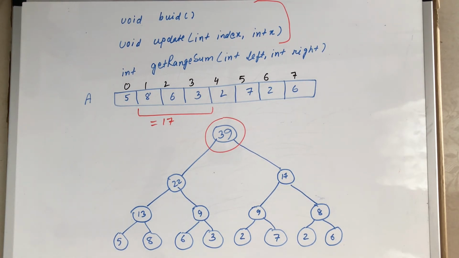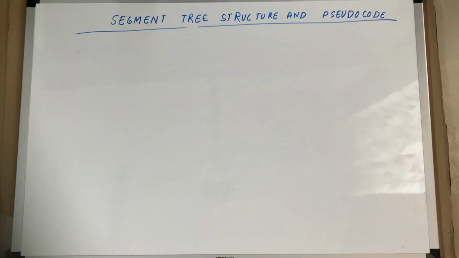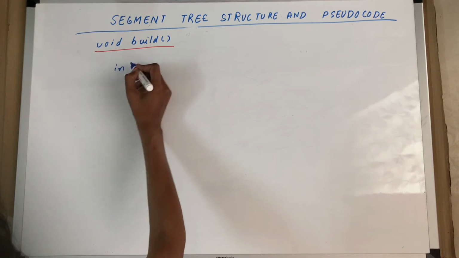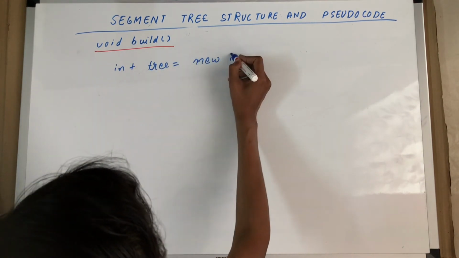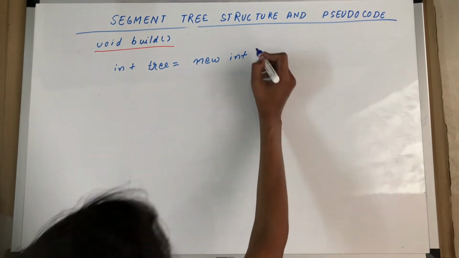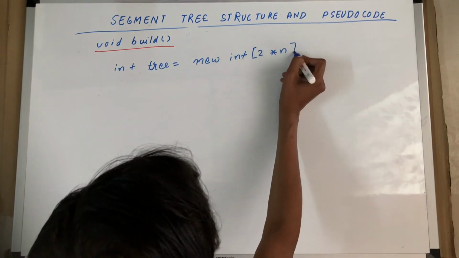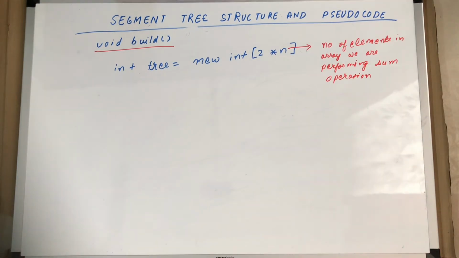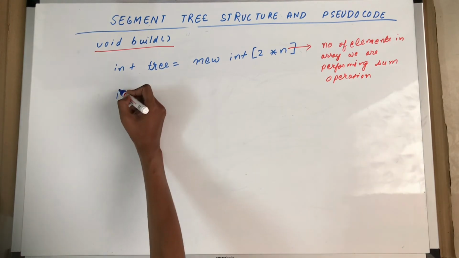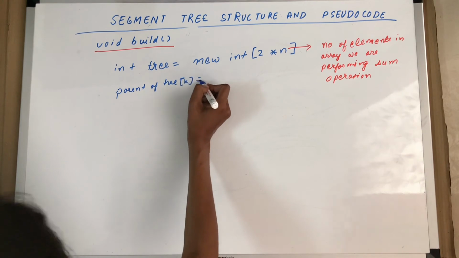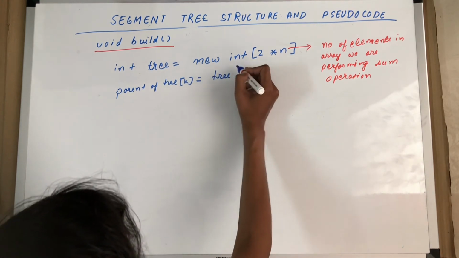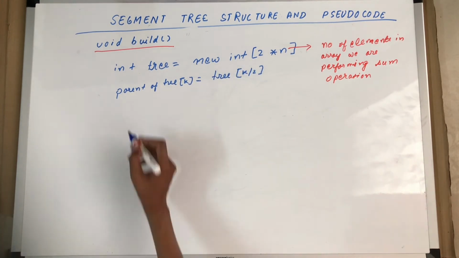Okay, let's start with build method. Let's say we are storing values for segment tree in an array named tree. Segment tree is stored as array of 2n elements. Tree nodes are stored from top to bottom with following representation. Parent of element at index k is element at index k/2, and its children are element at index 2*k and 2*k+1.